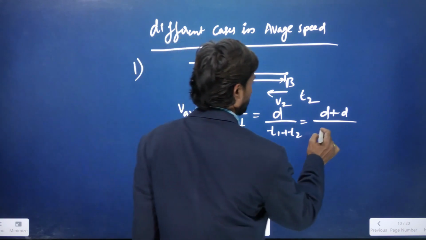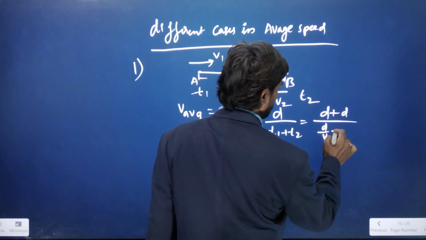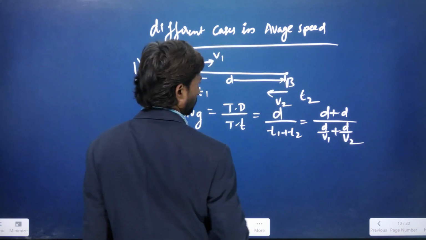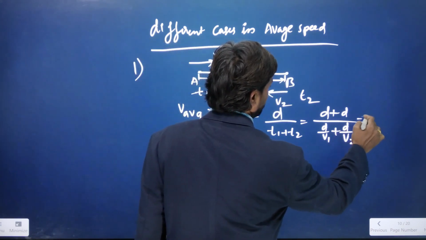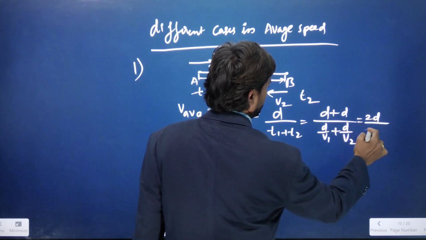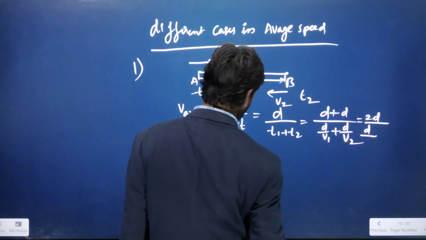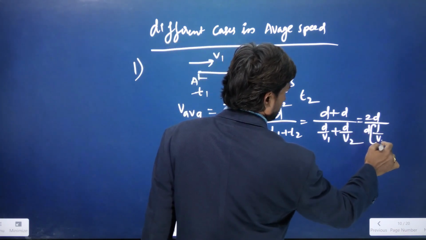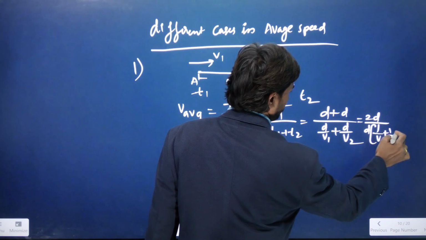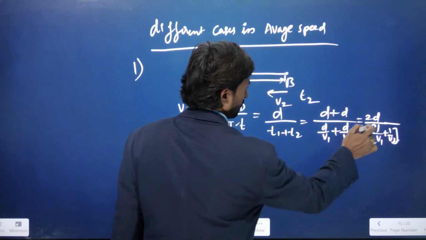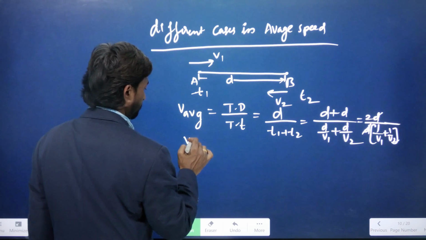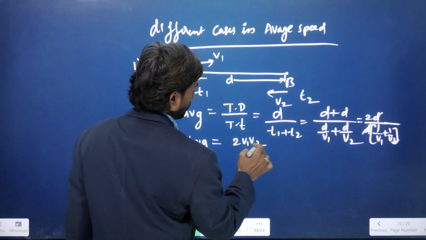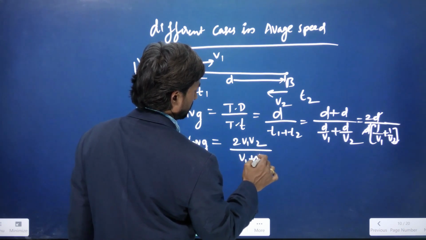So we get D by V1 and here D by V2. If you take D common, in the numerator it will become 2D, divided by D common, 1 by V1 plus 1 by V2 in the denominator. So this D and D will cancel. If we simplify, we get the formula 2 into V1 V2 divided by V1 plus V2.